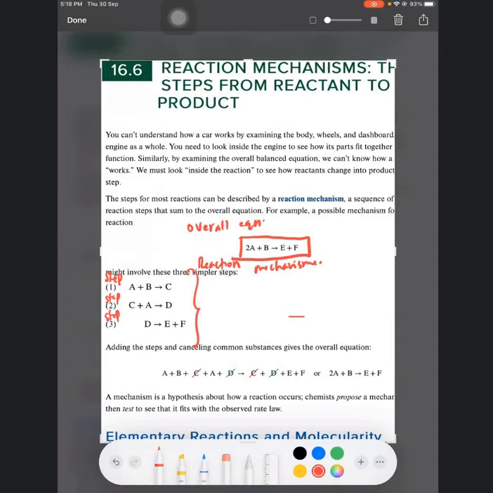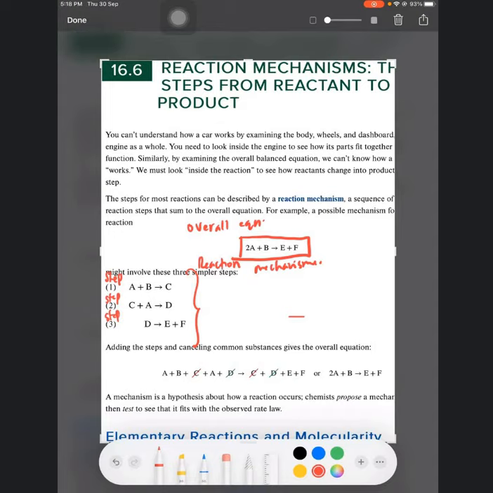Then the only way adalah we need to go to the lab, buat eksperimen, collect data. Bila data kita tally, barulah kita boleh confirmkan yang kita punya proposed mechanism ni betul. So sebab tu kita memang akan guna the word proposed mechanism. Okay, sebab mungkin kita tak proof lagi lah kita punya mechanism, but we are going to use as for discussion.